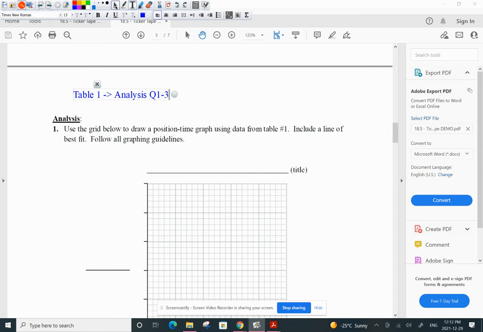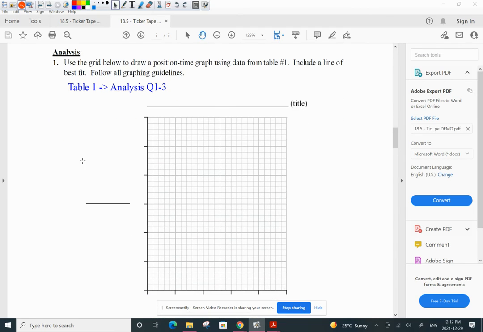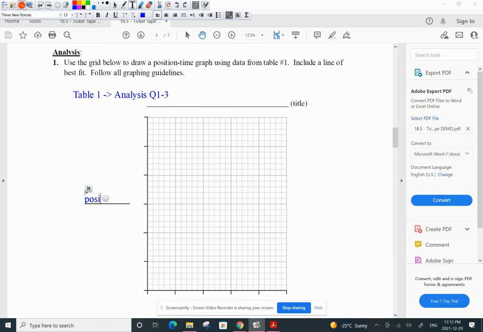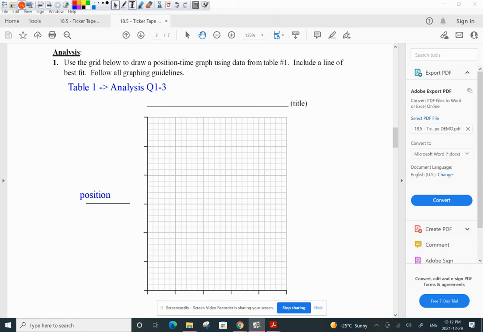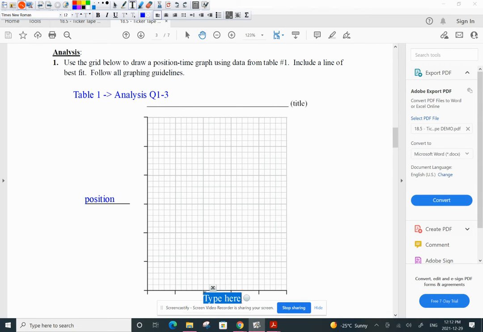That means you're going to have to plot a position-time graph or displacement-time graph, and use that data from the position in centimeters left versus what's going to go on the x-axis. So it's going to be the time. Okay, so this is a vector.